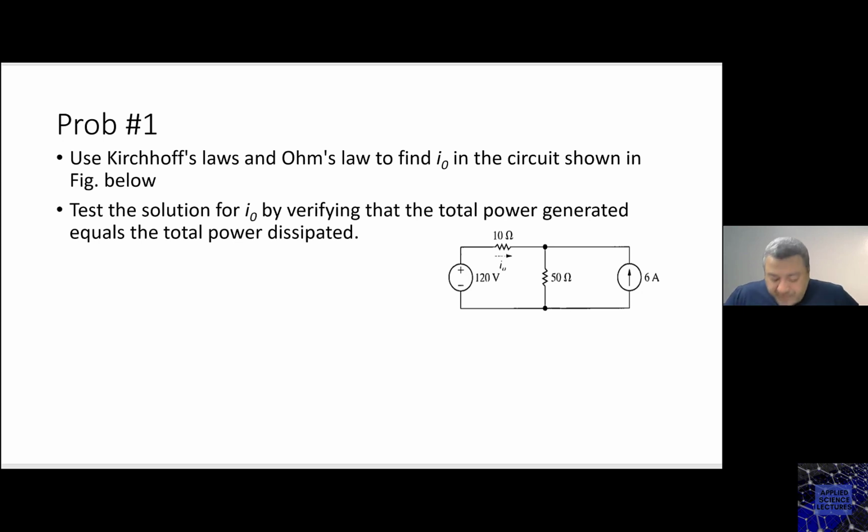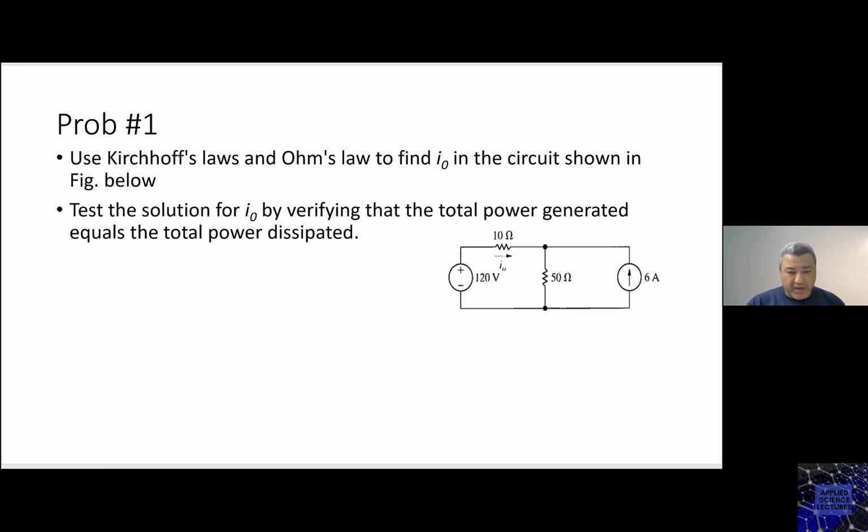In this circuit, as you can see here, we have a voltage source connected in series with this 10 ohm resistor. This doesn't mean that I naught is that voltage divided by 10 ohm. This is wrong. This is one of the common mistakes students do.